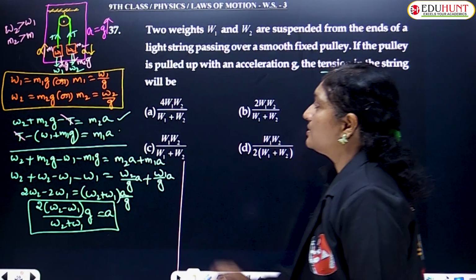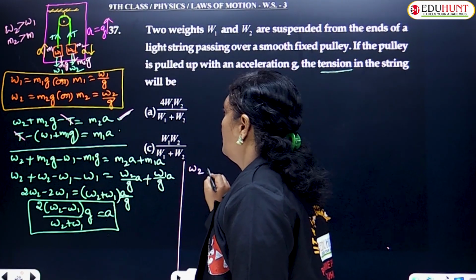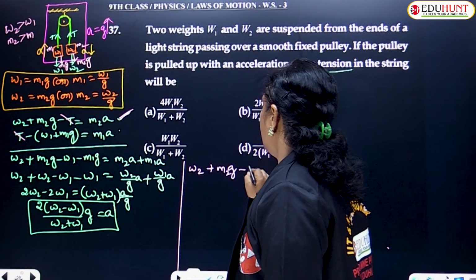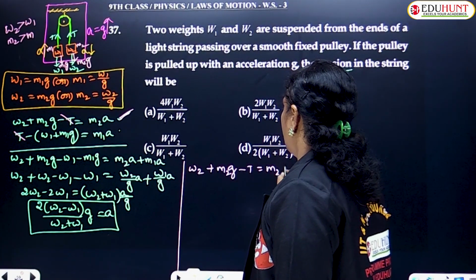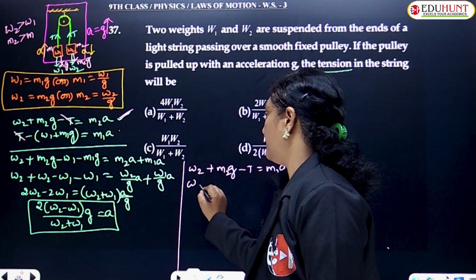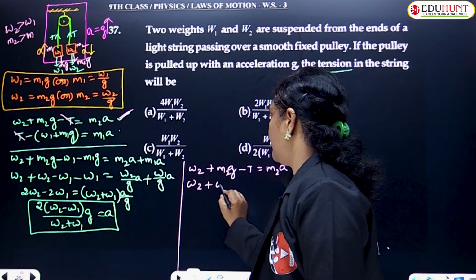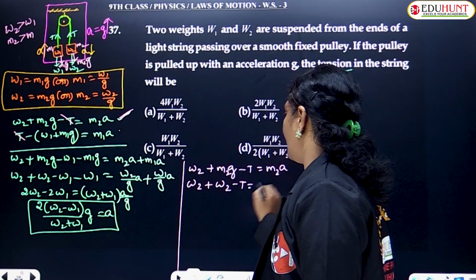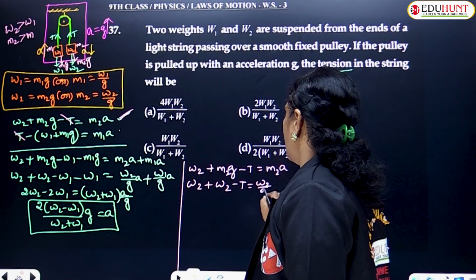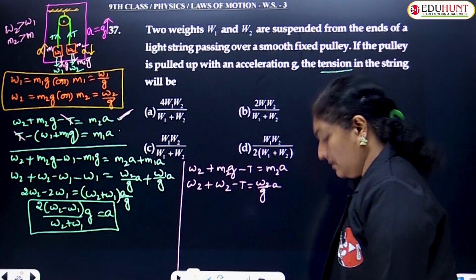Taking this first equation as it is: W2 plus M2G, as it is, minus T equals M2A. That's it. I need to find the value of T. So M2G can be replaced with W2. So W2 minus T equals, M2 replaced with W2 by G into A. So minus T, bring this to the other side and take this to the left side.